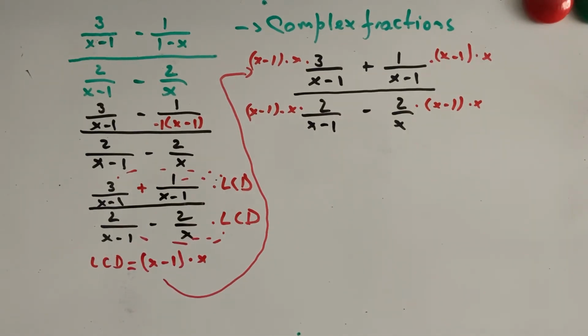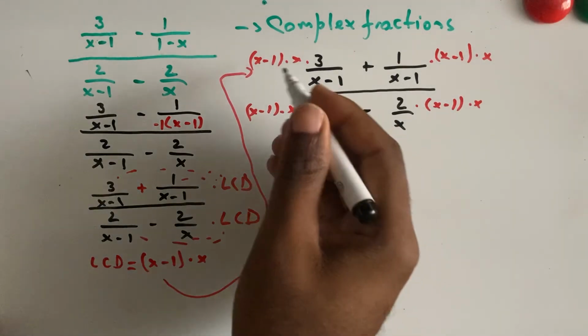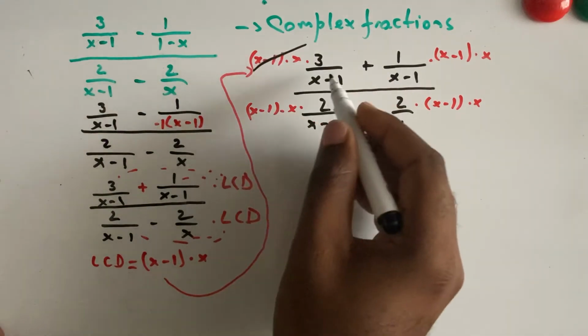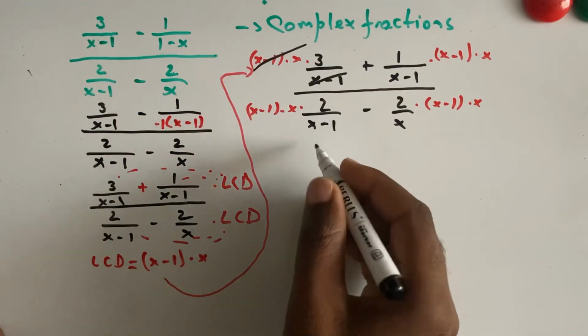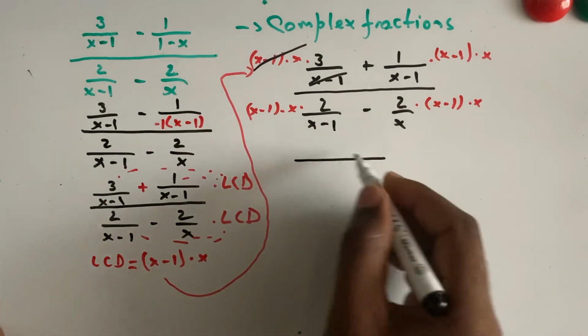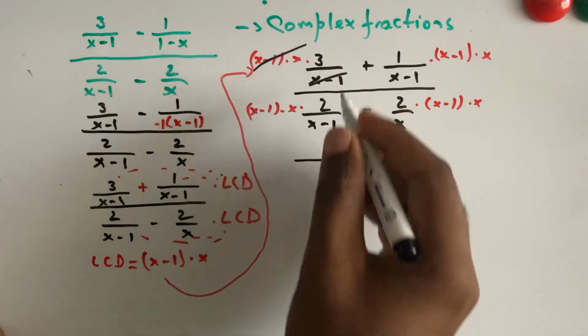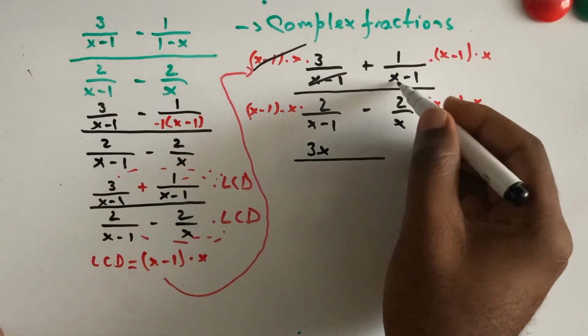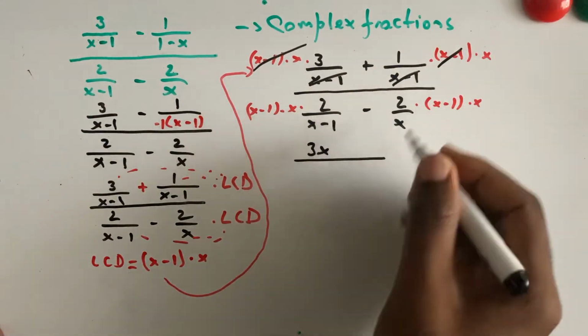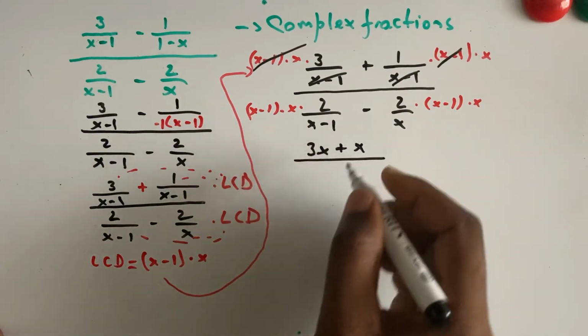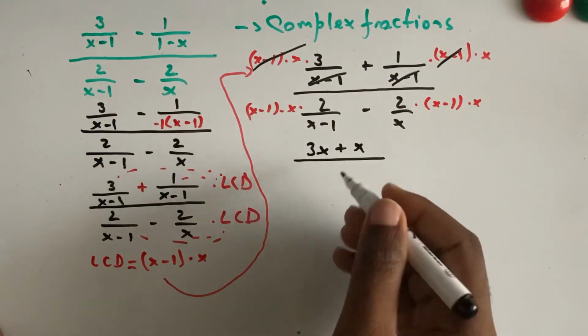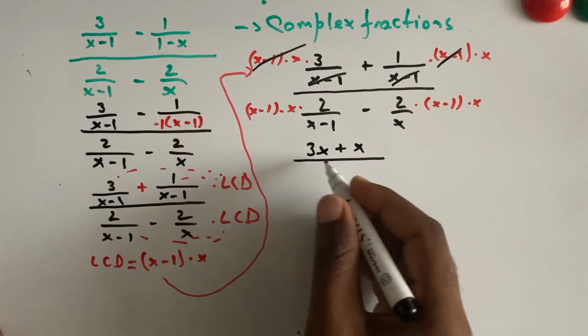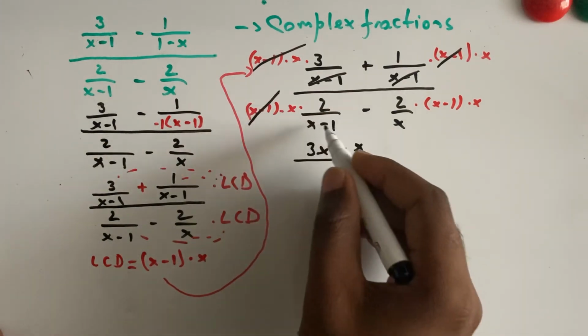Okay, now let's go. We can eliminate like factors, right? So the x minus 1 here would be canceled out here. Therefore, you will have only 3 times x, which is 3x. This would be canceled out here as well. So 1 times x, plus x, okay? So 3x plus x. On the bottom here, you'll have this canceled out as well.